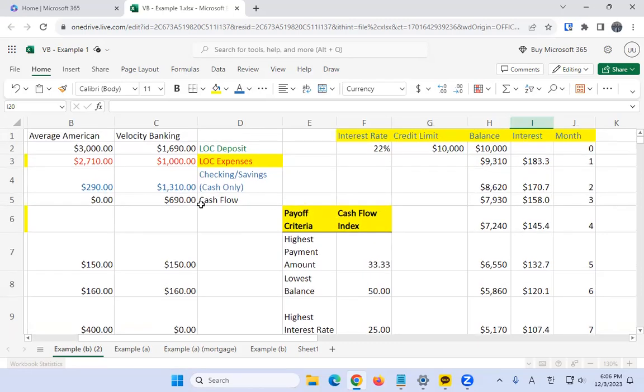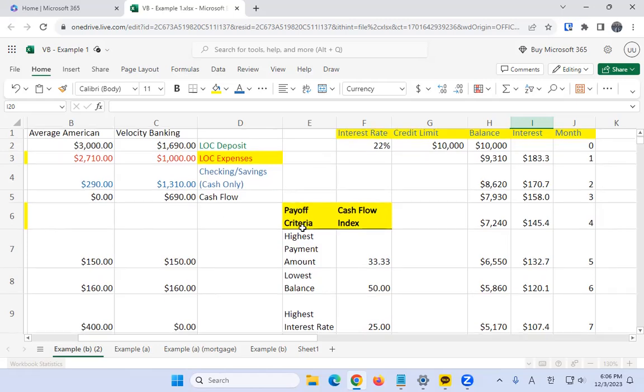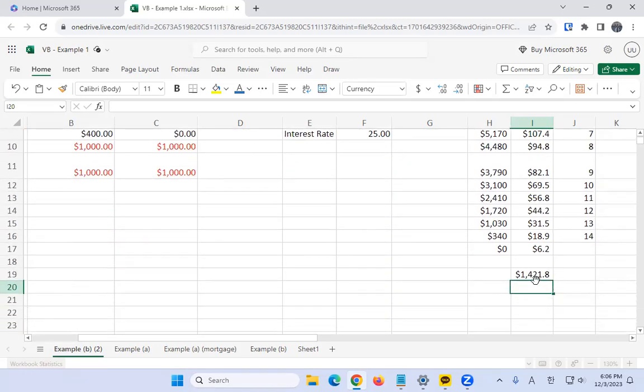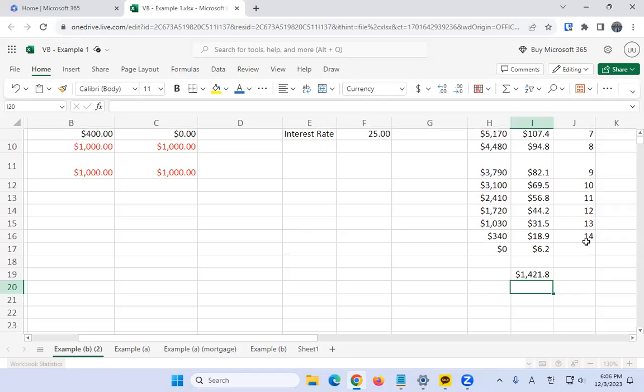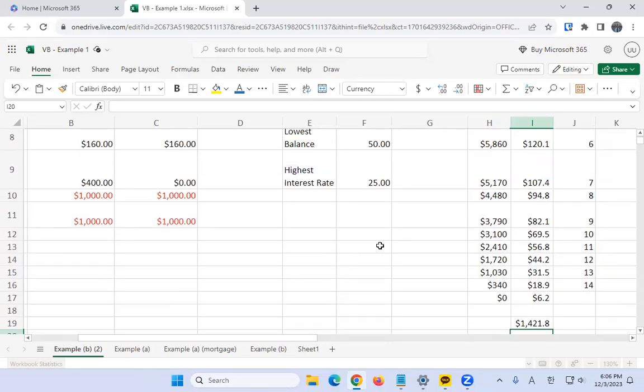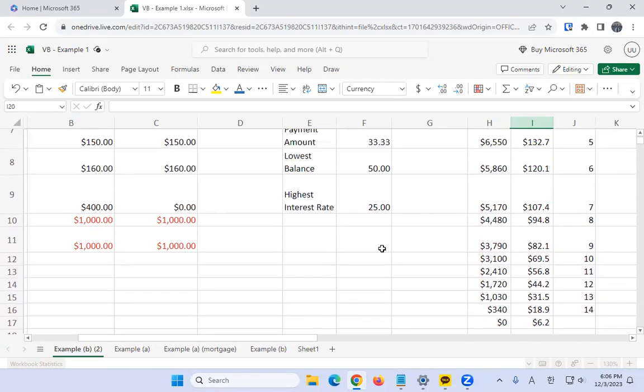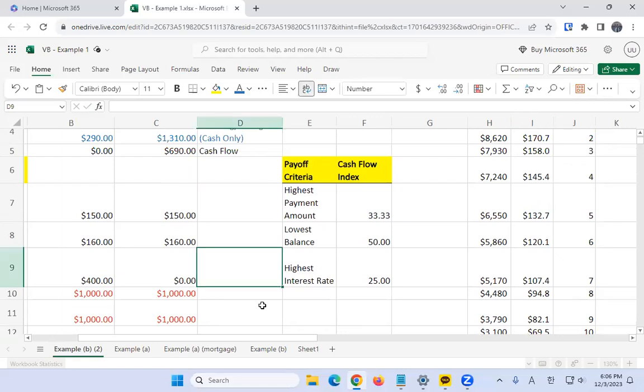If we look at our cash flow, this times 2 is approximately going to be about 1,400. And so I would say give it about maybe 2 or 3 more months to pay off the interest. So 14, 15, 16, let's be a little bit overly conservative and say this is going to take 17 months, right? So 17 months.